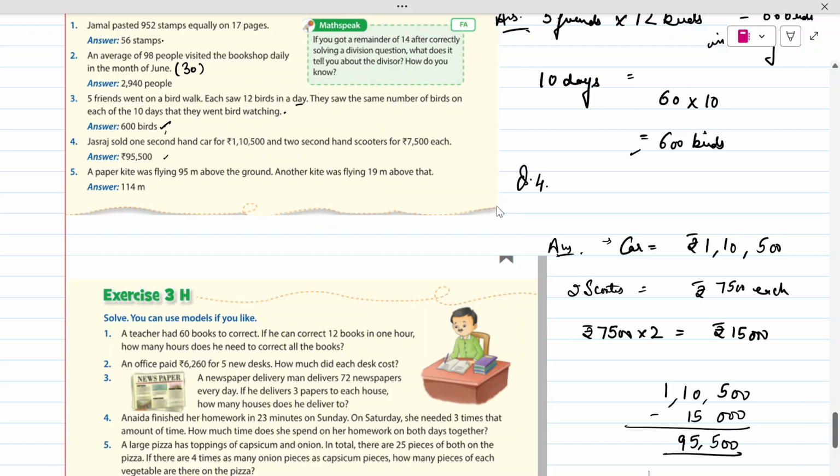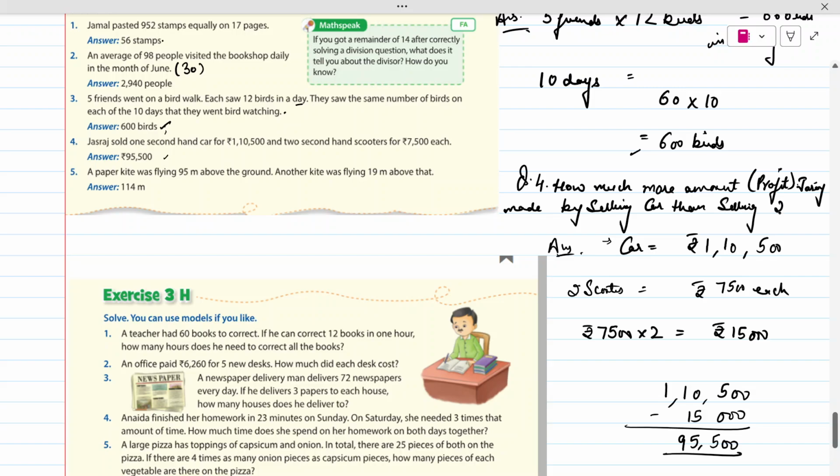So we have seen here how much more amount, or you can also say how much profit Jasraj made by selling the car than selling two scooters.